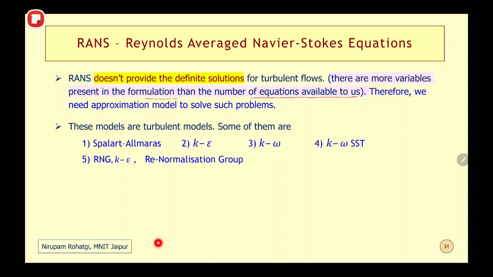Now these models are like Spalart-Allmaras, K-epsilon, K-omega SST, RNG K-epsilon. These are a few of them, and there are many more. On what do these models depend?